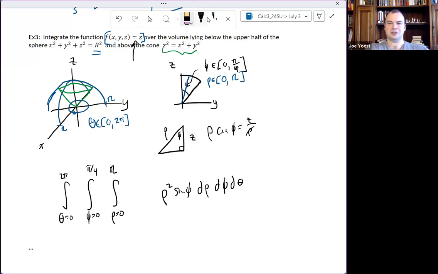I put my z in there as a placeholder because I wanted to make sure I didn't forget to stick it in there as the integrand. There's just a lot else going on. But now I see that I'll replace it with rho cos phi. This is my z, the thing that I'm interested in integrating, something like temperature at each point in this region.